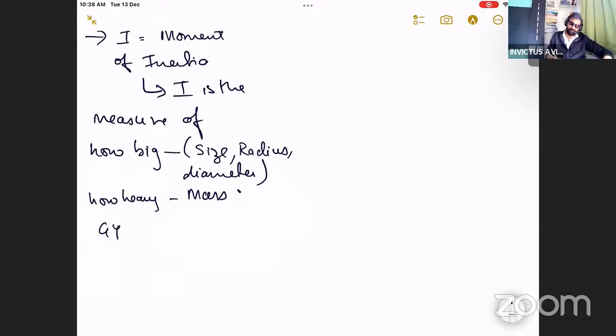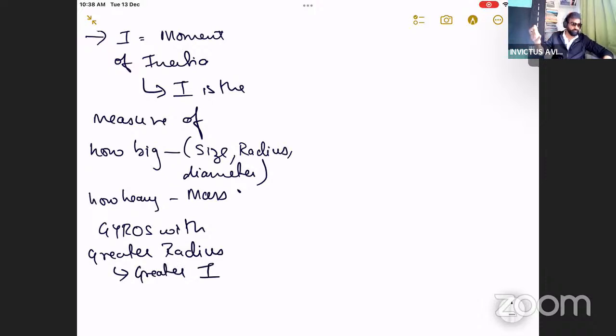Write down. Gyros with greater radius, it means greater diameter also, will get greater moment of inertia.